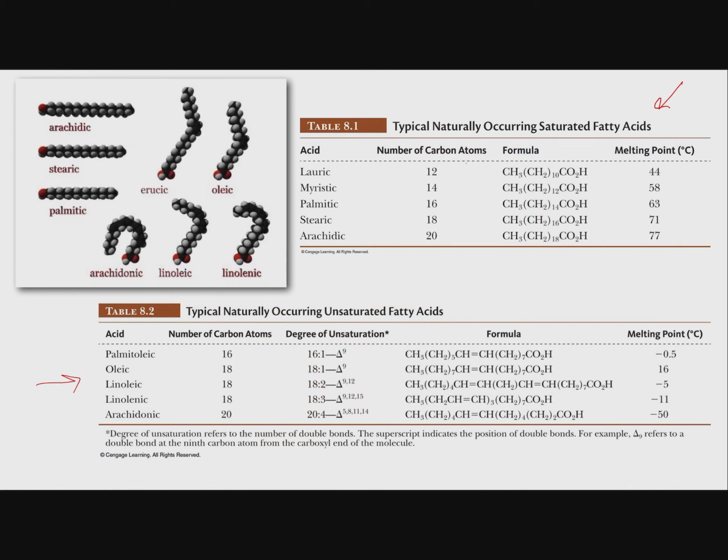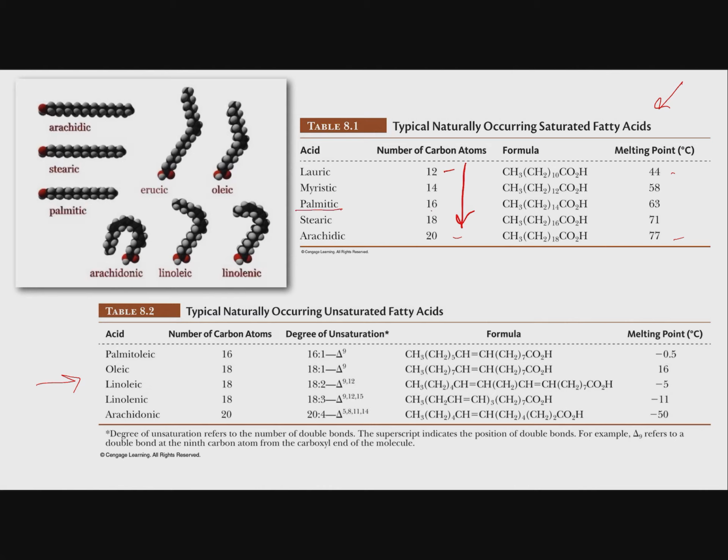Unsaturated tails have much lower melting temperatures than those with saturated tails. So the shorter tails, size also matters too. So if we go just by looking at the different lengths of these carbons, the 12 carbon fatty acid melts at 44 degrees, whereas the 20 at 77. So having fewer carbons means a lower melting point, but also introducing a double bond.